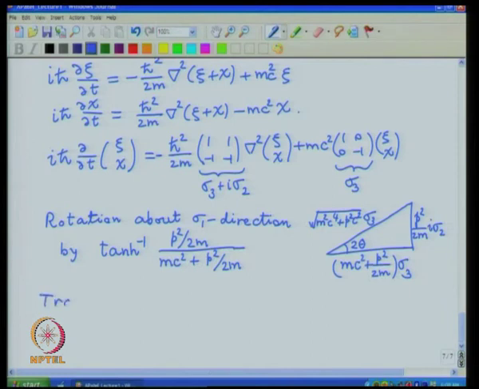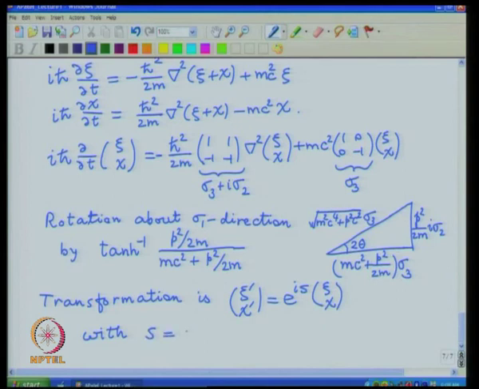So, the transformation is: the prime components are a certain rotation matrix acting on this, where now this S, specifying the rotation matrix, is the matrix corresponding to sigma 1 and then the angle.